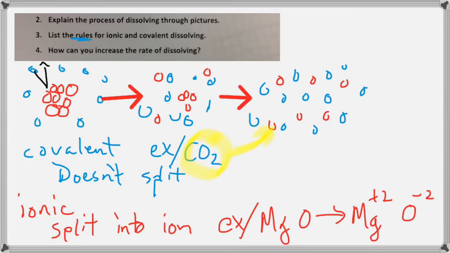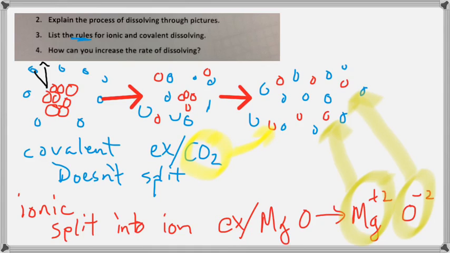So when we look at this, we would say that our magnesium and our oxygen are different red dots, different solutes. So we get twice as many solute particles because the ionic compound splits into ions.